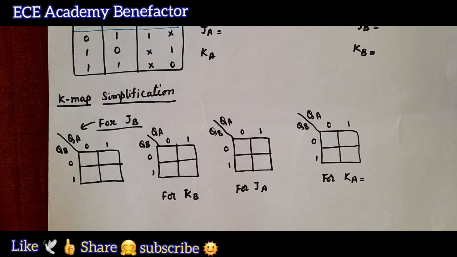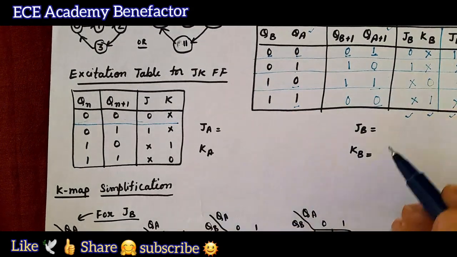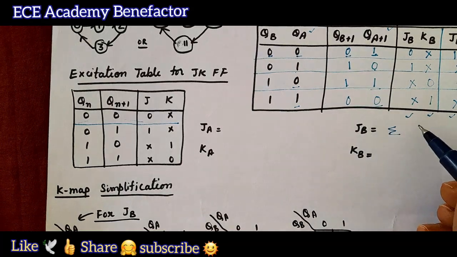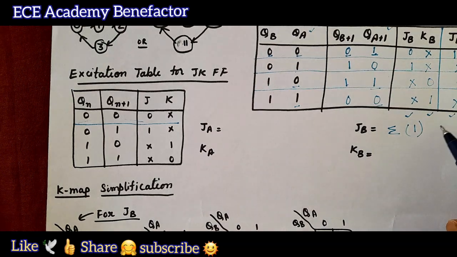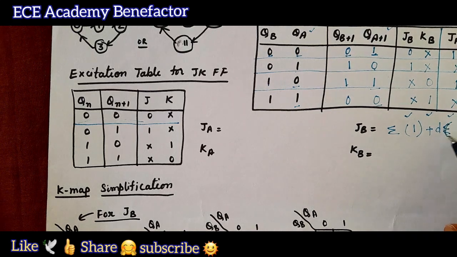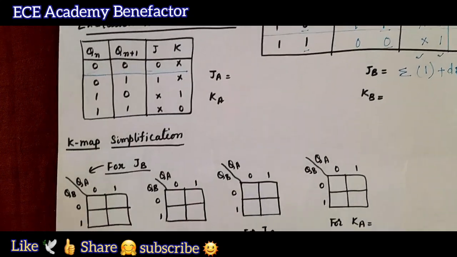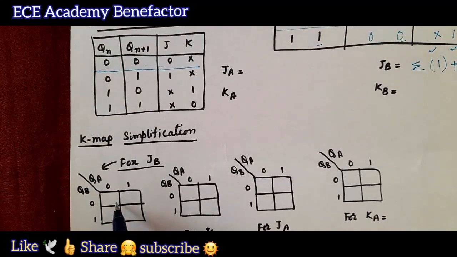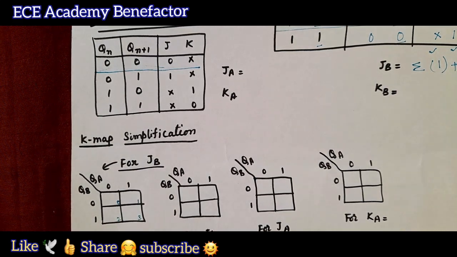So now let us fill this column, the JB column. What is JB coming? It is summation of 1, and don't care for 2 and 3. At this K map we know the cell numbers 0, 1, 2, 3, so we can easily see this column.